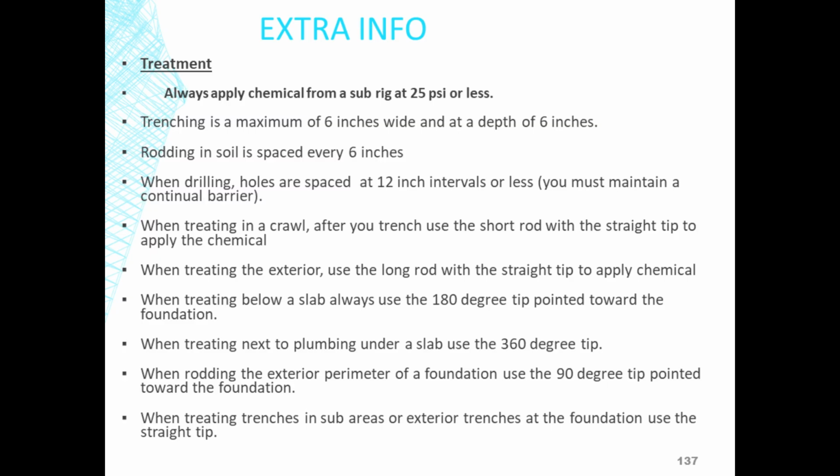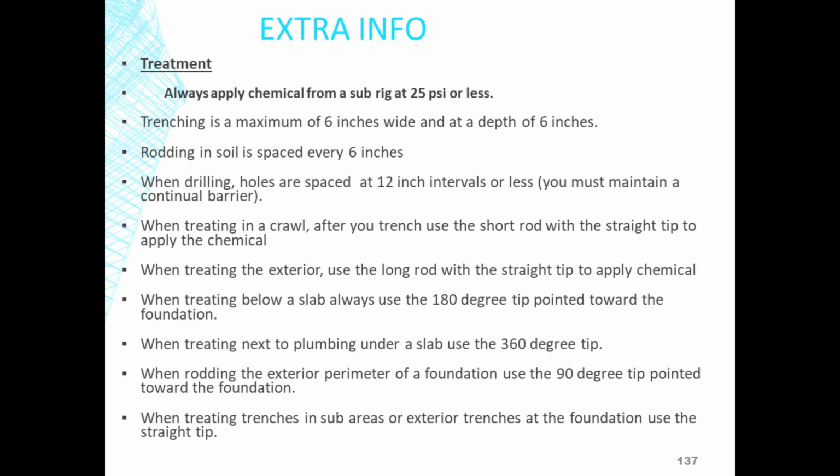When treating in a crawl, after you trench, use the short rod with the straight tip to apply the chemical. When treating the exterior, use the long rod with the straight tip to apply chemical. When treating below a slab, always use the 180-degree tip pointed toward the foundation.